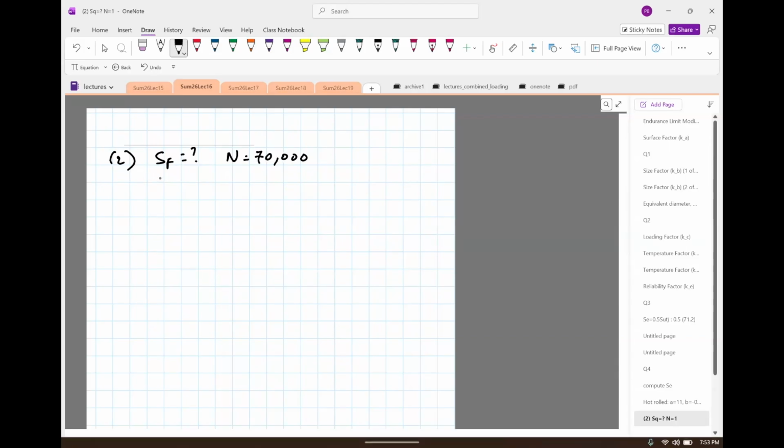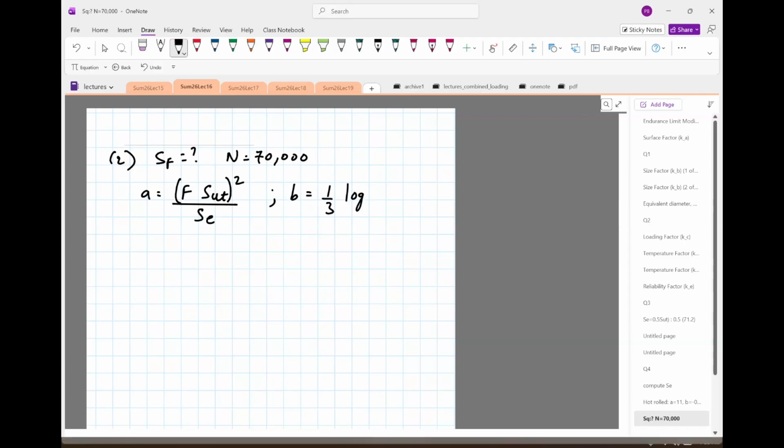For this, we need A. A is F times SUT squared divided by SE, and B is 1/3 log to the base 10 of SE divided by F SUT.